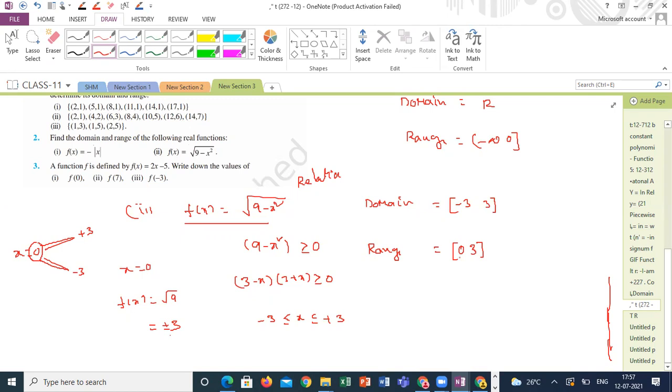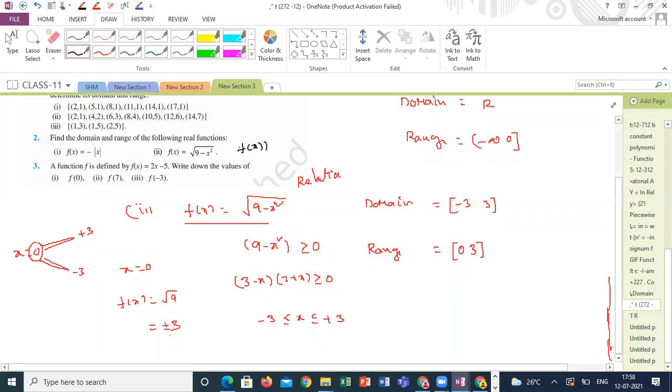You're asking something? Yes, sir. Why did we take x as 0 and find the range? Real valued functions can't be discussed on fractional powers. If you remember, when I was discussing in the beginning, the function is defined only for certain powers. Here the given function is a root function. Root function means the index is 1 by 2.